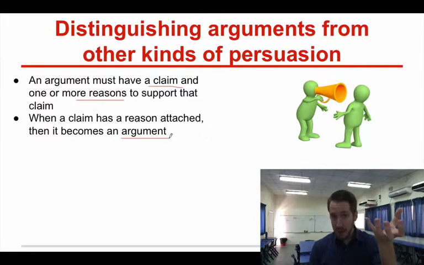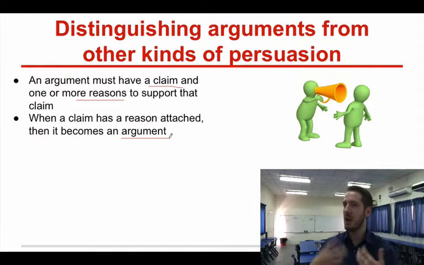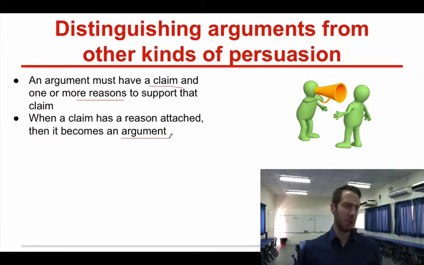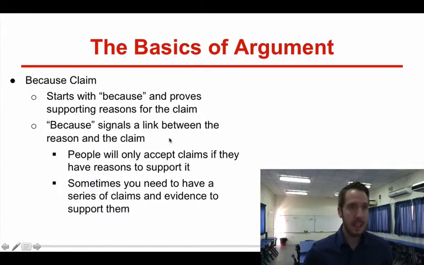It's having a perspective and using reasons to support it along with evidence. Instead of just trying to persuade me by sounding really good and saying, you know, that sounds like a really good argument. All college students need health care. Well, unless you have valid reasons, it's not an argument. And honestly, no one's going to care for the most part.